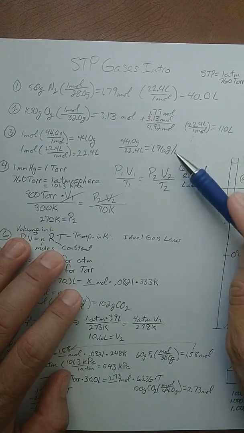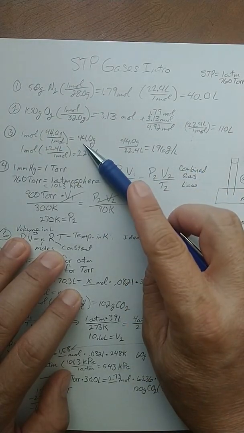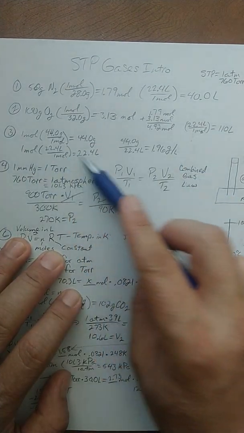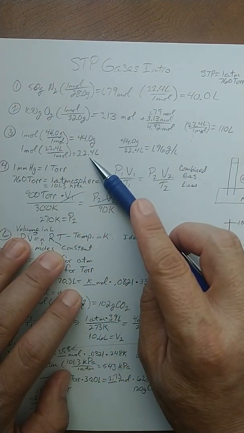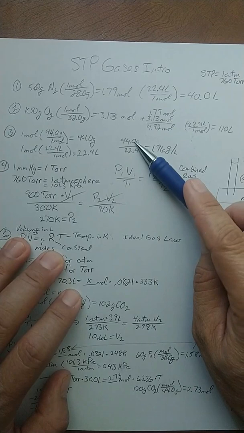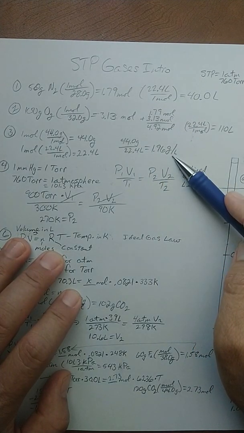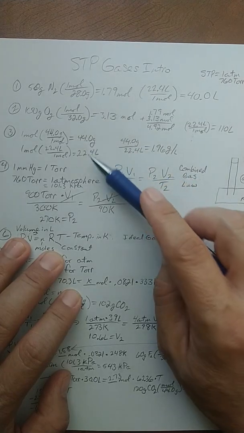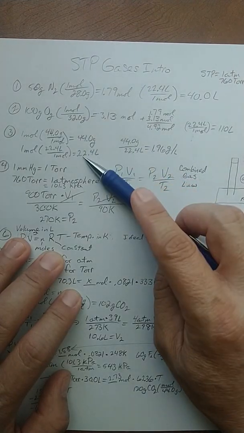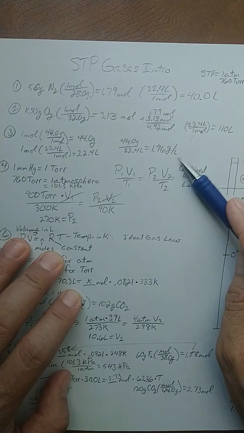So what did I need? I needed grams. Oh, look, I got grams. I needed liters. Oh, I got liters. If I take these two numbers over each other, my unit will be grams per liter, which is what I wanted. So I'll take the grams that I got over the liters that I got, and I'll get grams per liter.